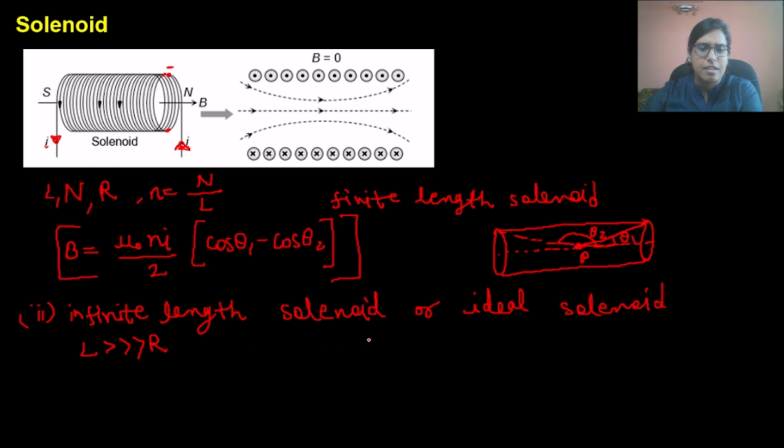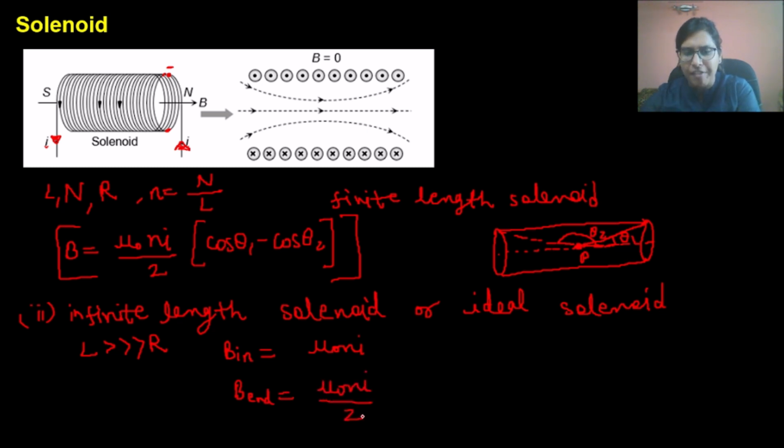So for this, if we are calculating B inside the solenoid, then it will be mu naught Ni, and at one end it will be mu naught Ni by 2. How have we calculated this?